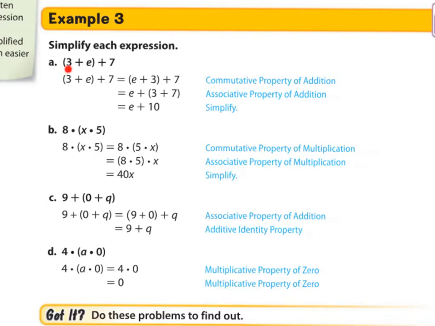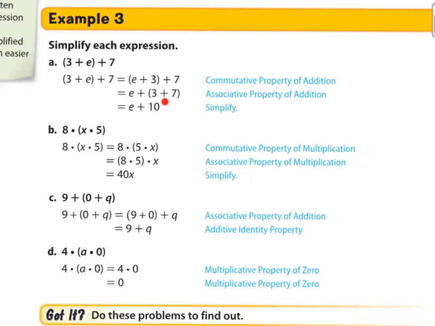So let's see. For A, we have parentheses 3 plus E plus 7, right? 3 plus E plus 7 can be rewritten as E. So here we first use commutative. Notice how we changed the order of the 3 and the E to E and 3, so that we put the 3 closer to the 7, because now we're going to use associative property and group these two.